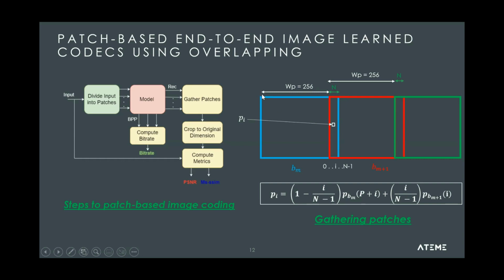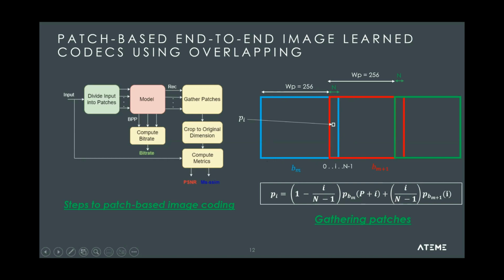If we consider that B_m, the blue patch, and B_m+1, the red patch, are two consecutive reconstructed patches that are overlapping on n pixels, the pixel value P_i of the overlapping area is the average of the reconstructed pixel of the red patch and the same reconstructed pixel on the blue patch. This is how we eliminate the border artifacts.